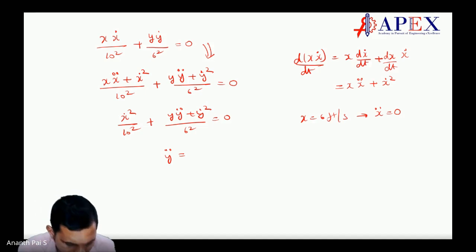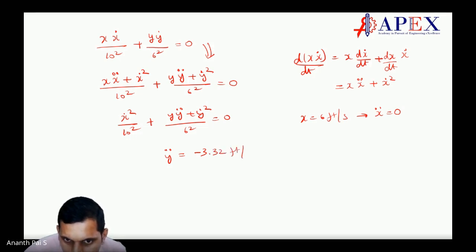So what's the answer for y double dot? Minus 3.32 feet per second square for B. What is it for A?